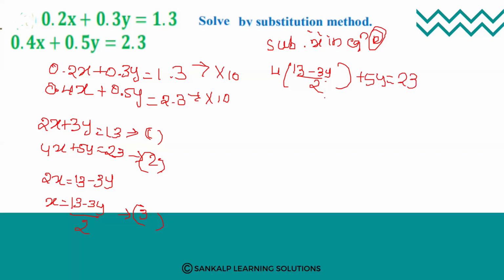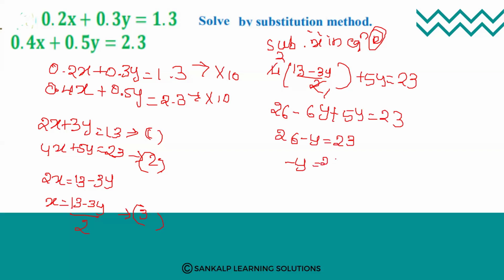Now, 2 twos are 4, so 2 into 13 minus 3y gives 26 minus 6y plus 5y is equal to 23. So 26 minus y is equal to 23. So minus y is equal to 23 minus 26, minus y is equal to minus 3. Minus and minus will get cancelled. y is equal to 3 you will get.